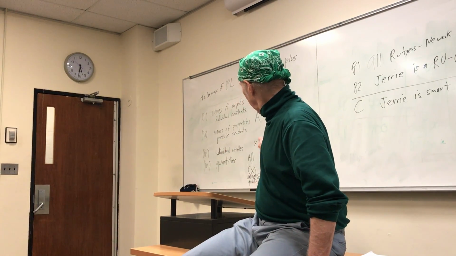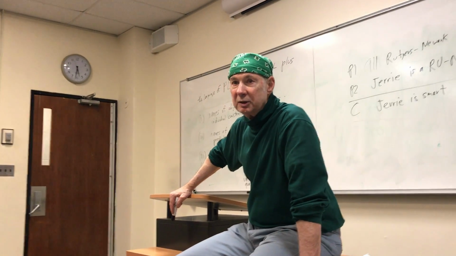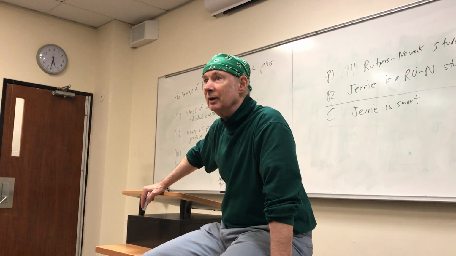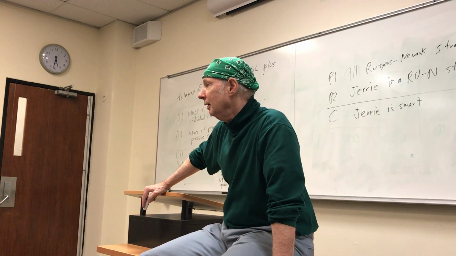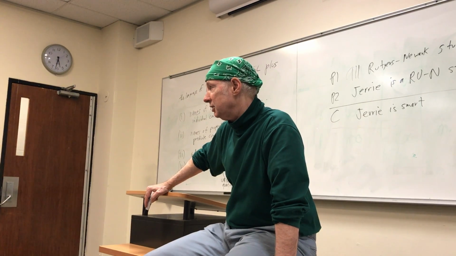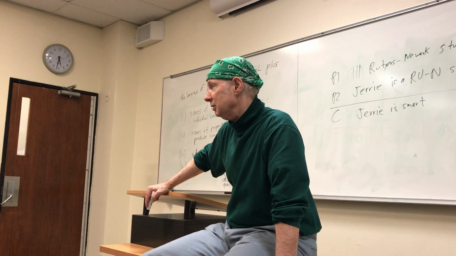So right away, there's a funny difference between those two. The existential quantifier is making an existence claim, saying there is some object that exists with some property. The universal quantifier doesn't say everything exists with this property. It simply says everything has this property.